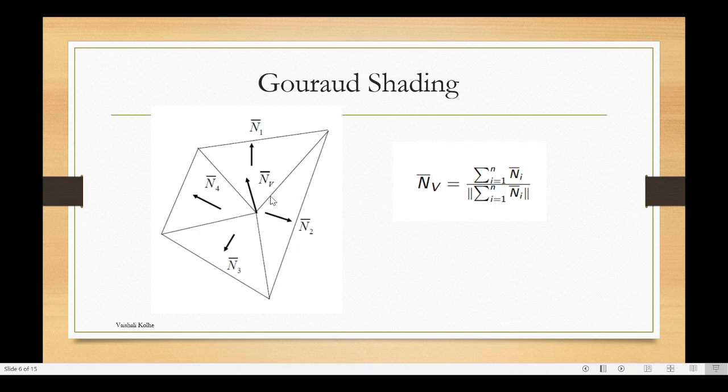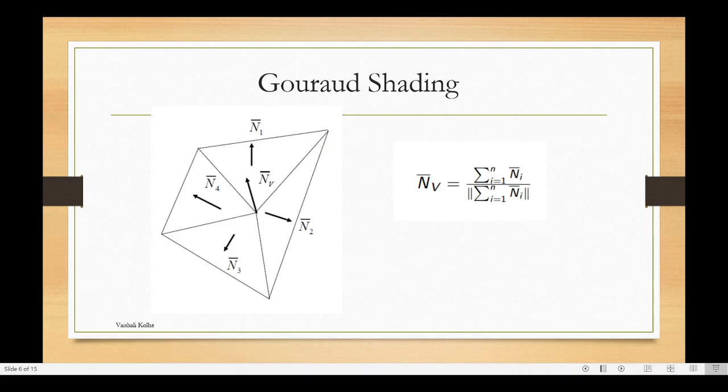Here we can see four surfaces, surface 1, 2, 3 and 4. Again we can see many vertices, here 5 vertices. So the very first step is to find the normal at the vertex. Here we have considered vertex V.